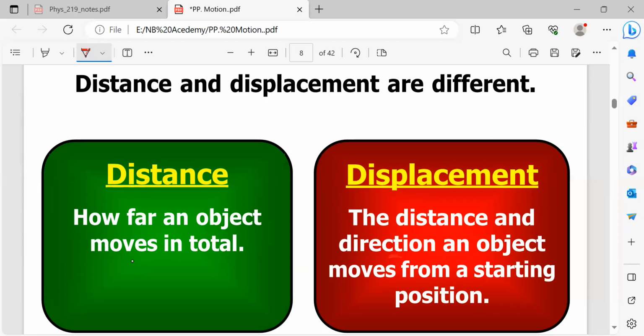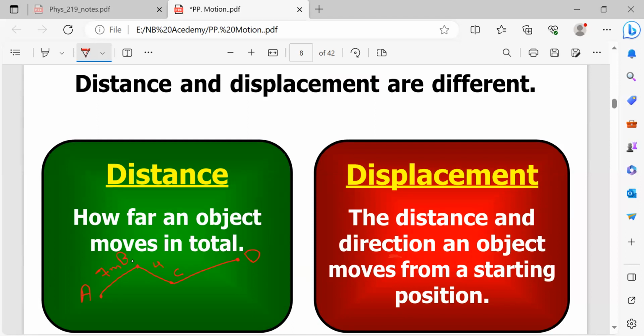Again, here we have an object that started its motion from point A to point B, then to point C, then to D. Suppose that the distance covered here is 7 meters, and the distance here is 4.